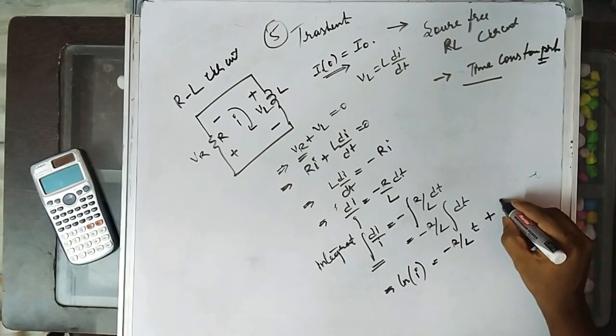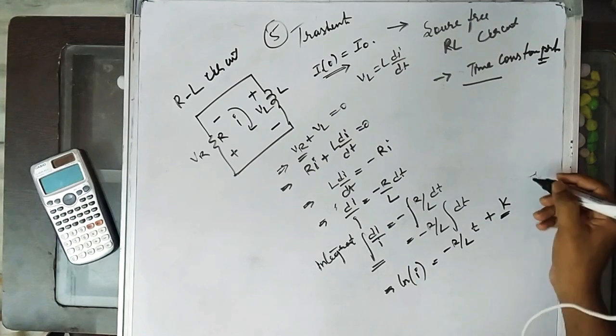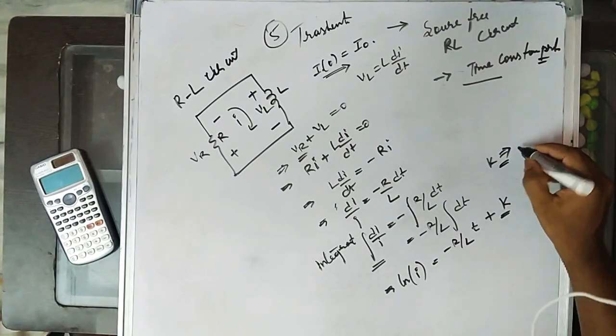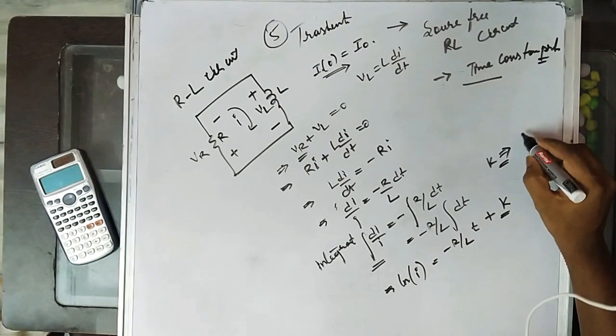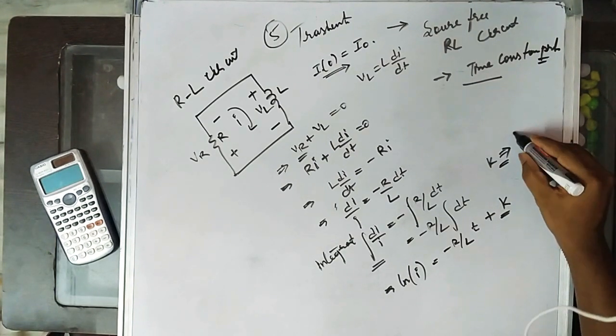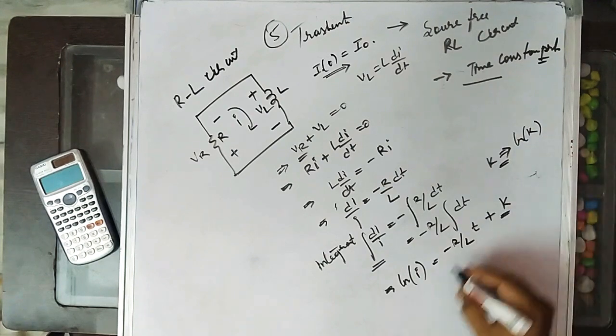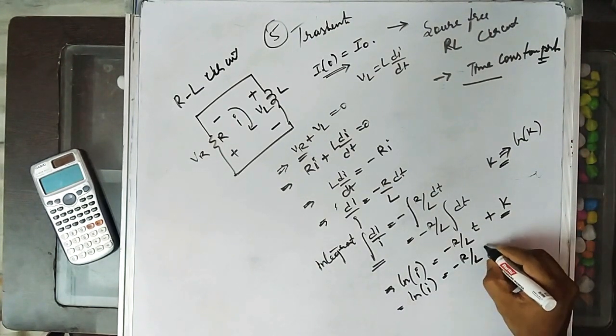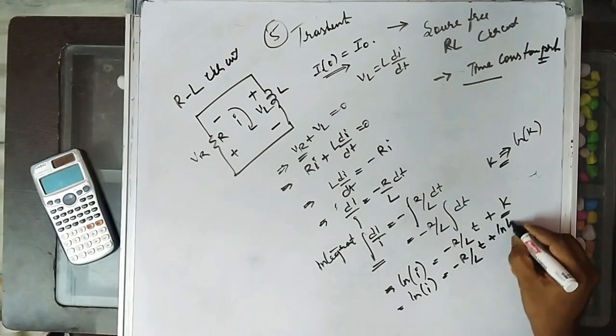We take some constant k, the constant represented for redefining the equation as ln of k. So ln of I equals minus R by L t plus ln of k.